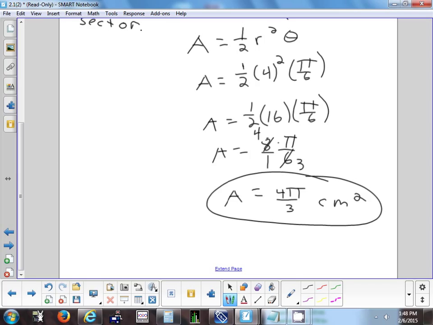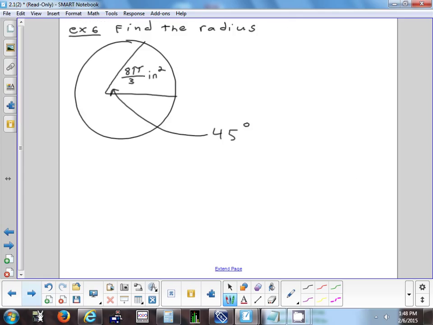Okay, so any question on the type of problem where you're given R, you're given theta, you find A? That's one type. Okay, I'm not going to do another one of that type. Let's move on to the second type.